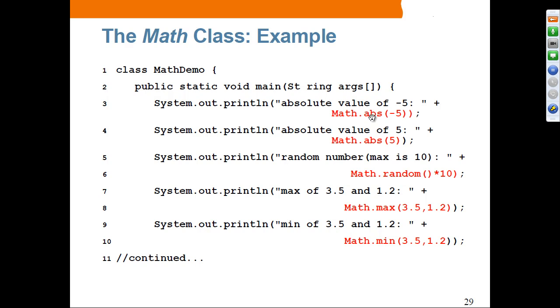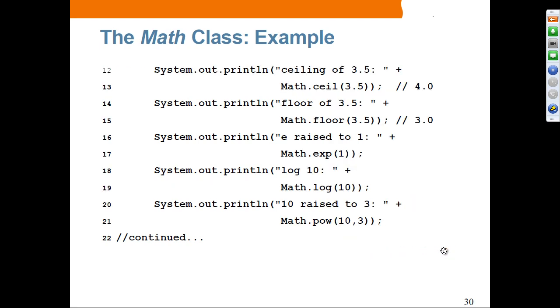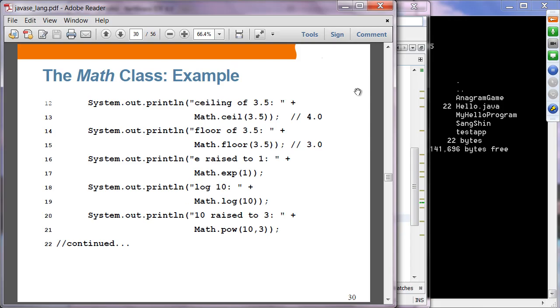It's getting the absolute value, so both of them should return 5. I'm getting a random value and then multiplying by 10. I want to get the max value between these two, so 3.5. I want to get the minimum value between these two, which should return 1.2. And for ceiling, I want to get the next integer, whatever the next value above this is.